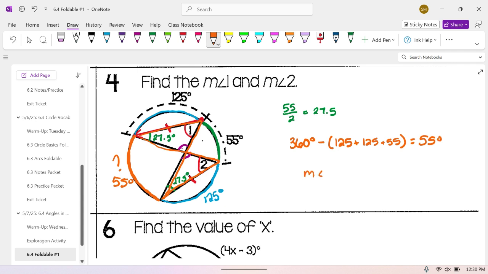So what's the measure of angle 1 and angle 2? If I got its intercepted arc, how do I find it? You divide it by 2, which we already did up here. So that's 27.5 degrees. Guys, with a lot of these problems, you've got to go around your butt to get to your elbow.